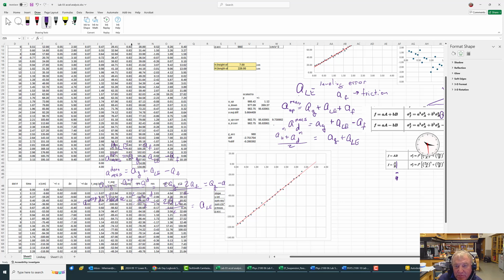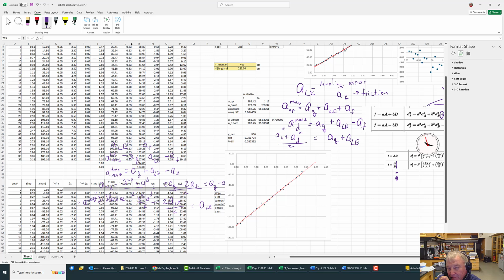So the difference between them is then, well, let's do the difference. They both would have some leveling error that'll affect them both the same way.